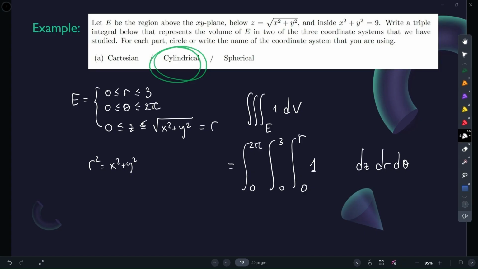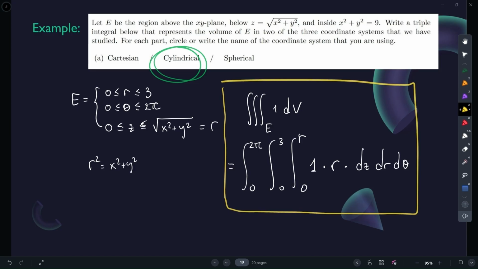It doesn't need to be converted any further, but I do have to multiply by the conversion factor. So I have to multiply by r. So this is the integral we were looking for to convert the volume integral to cylindrical coordinates. That's the integral we would have to solve.